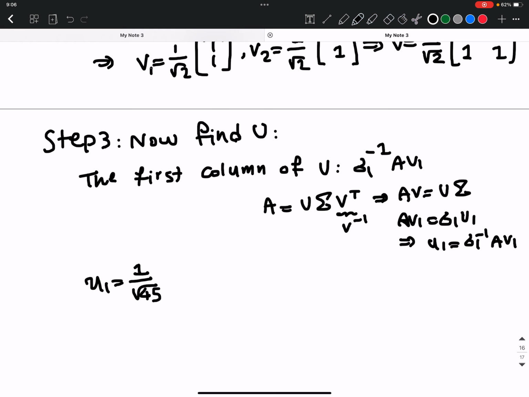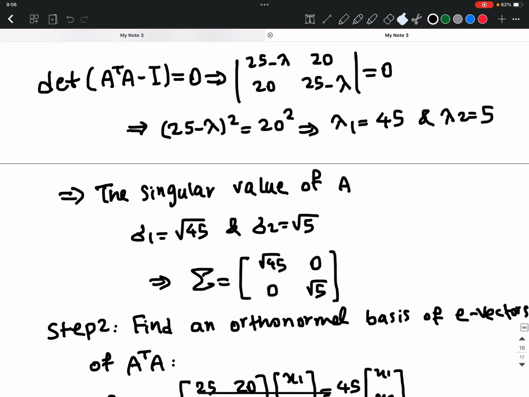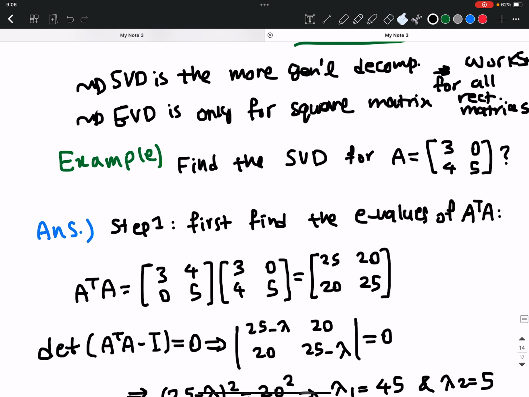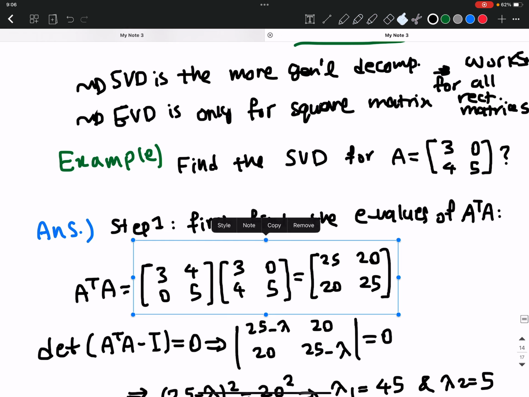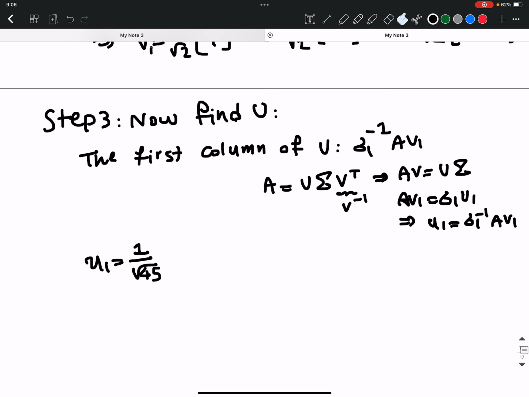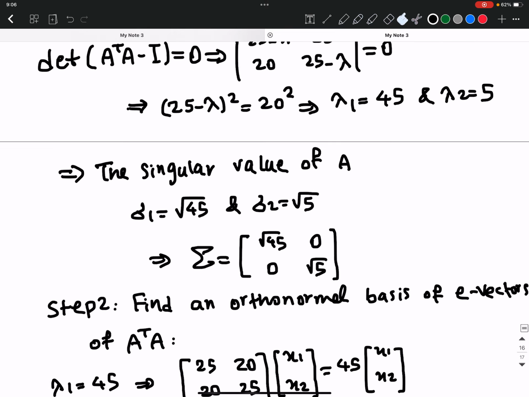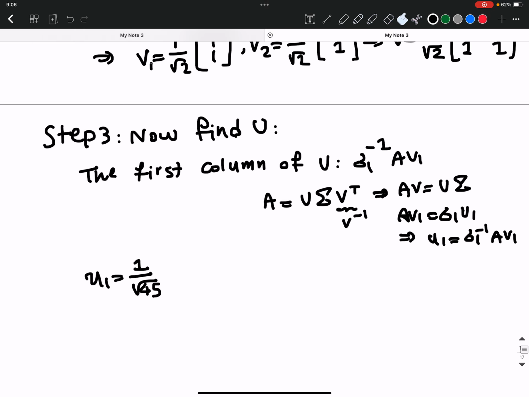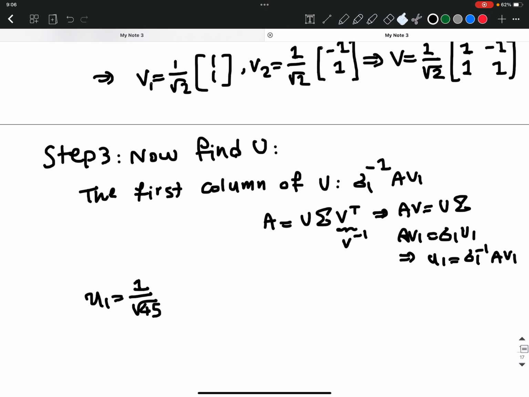Then I have the A matrix. What was the A matrix? The original matrix that I had in this problem set is 3, 4, 0, 5. Let me check. 3, 4, 0, 5. So let me write this down. And then multiplied by V1. What is V1?